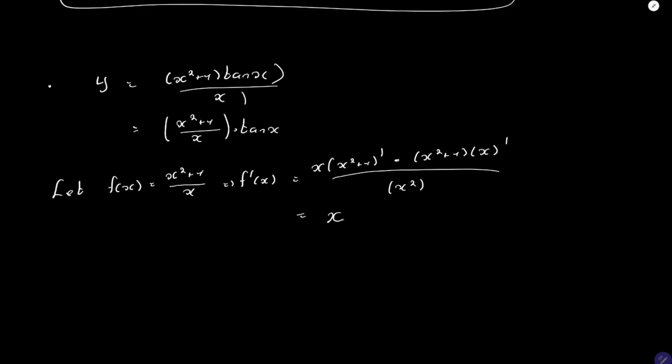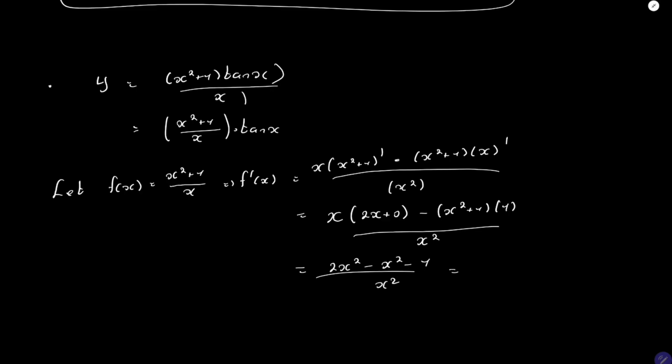This leaves us with x times the differentiation of x squared plus 1, which is 2x, plus 0, minus (x squared plus 1) times the differentiation of x, which is 1, divided by x squared, leaving us with 2x squared minus x squared minus 1 on x squared, leaving us with x squared minus 1 on x squared, which gives us 1 minus 1 on x squared.